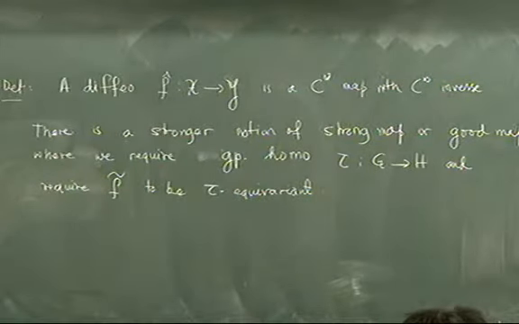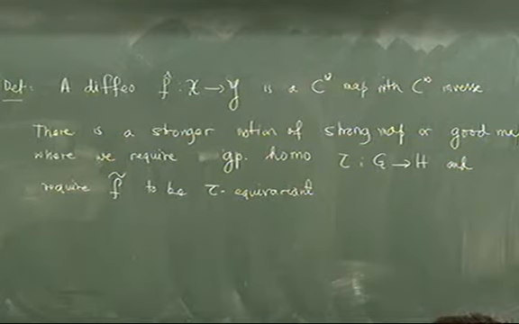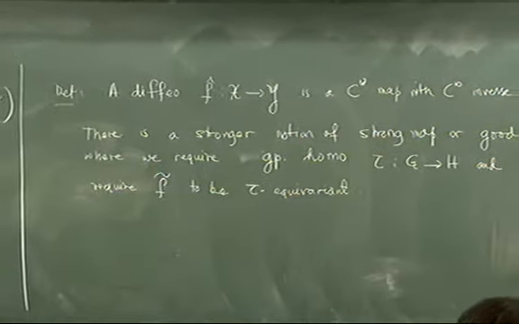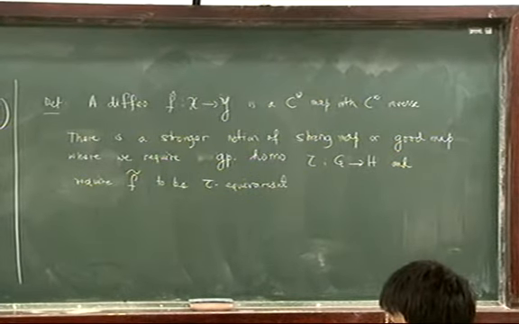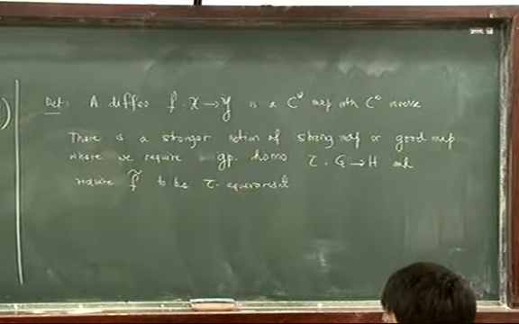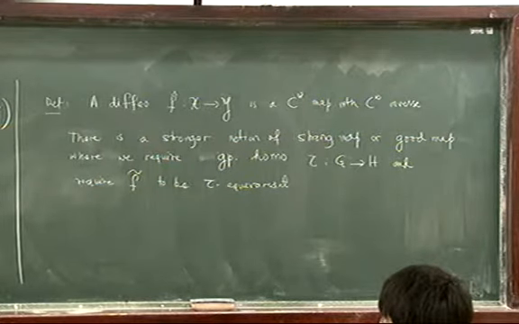For example, if we consider the cone with Z_p singularity and another cone with Z_q singularity, if p and q are relatively prime, is there a map between the two of them?